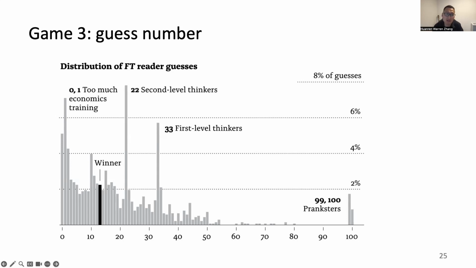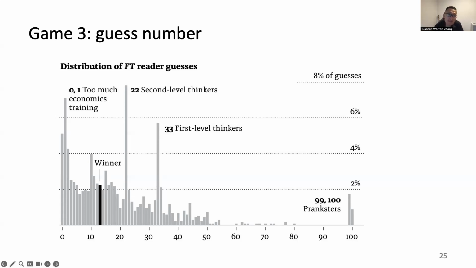And as you can see here, we see some distributions of players, and 33 has a really high frequency. This is consistent with level 1 thinkers, right? And 22, the level 2 thinker, also has a really high frequency. But the winner of this is actually around 13. That's the winning number for this pool of participants.